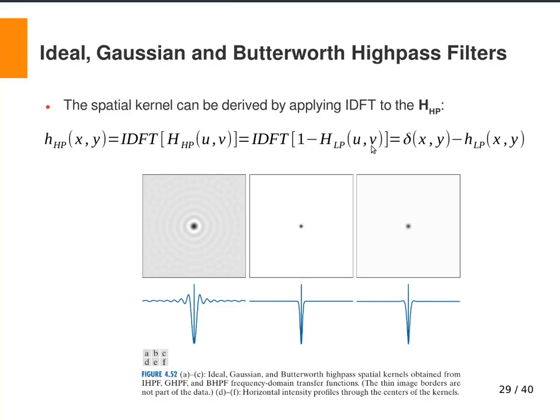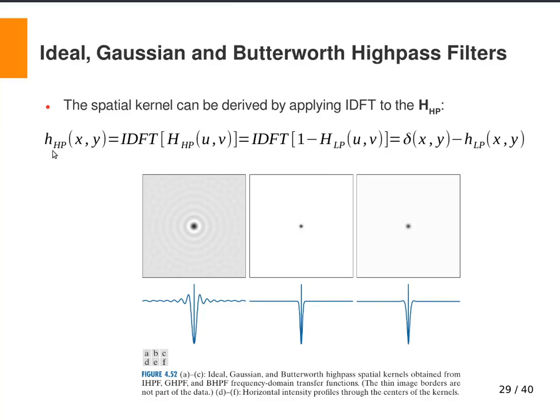The discrete Fourier transform of a constant function in the frequency domain is going to be an impulse, and this is basically the spatial representation of the low pass transfer function.